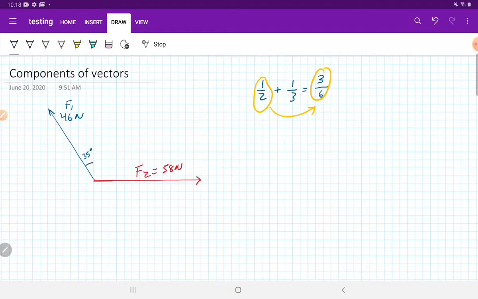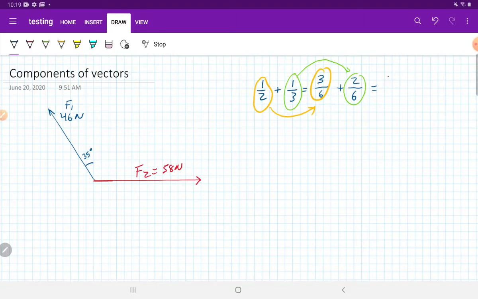And then we said, hey, wait a second, I can convert 1/3 to a number over 6, and I multiply above and below by 2, so I end up with 2/6, which is the same thing as 1/3. And once I have a common denominator and the denominators match, I can add the actual numbers, right?